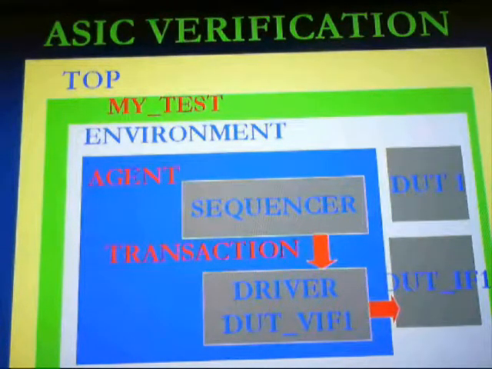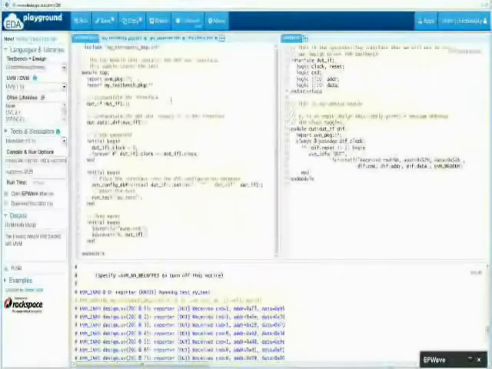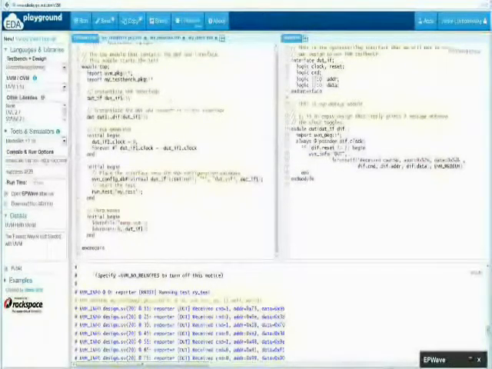The methodology integrates a build phase, a connect phase, end of elaboration, start of simulation, run phase, extract, check, report, and final phase. That is part of the verification methodology.